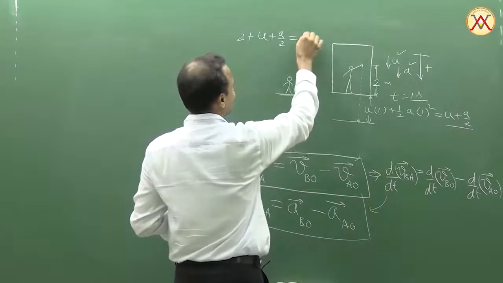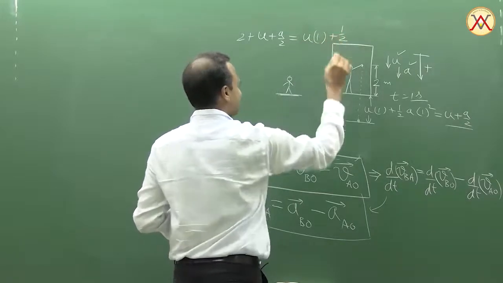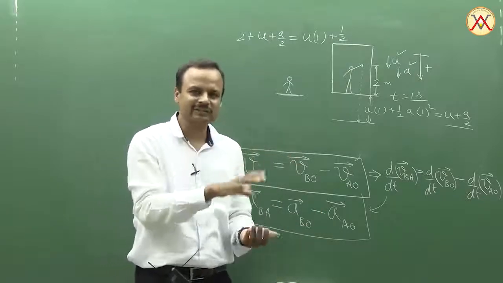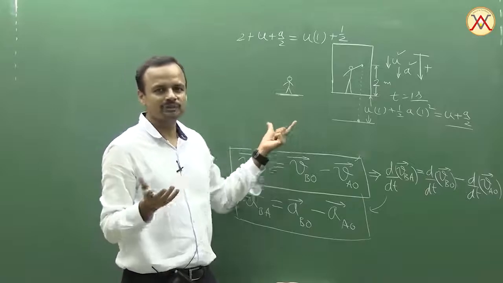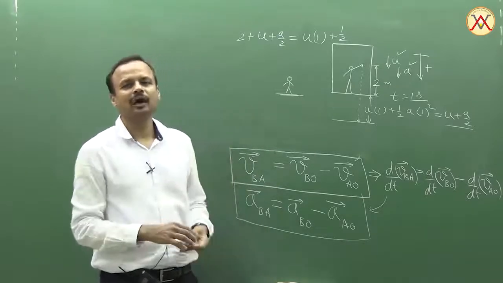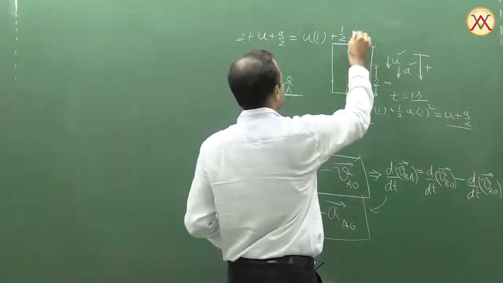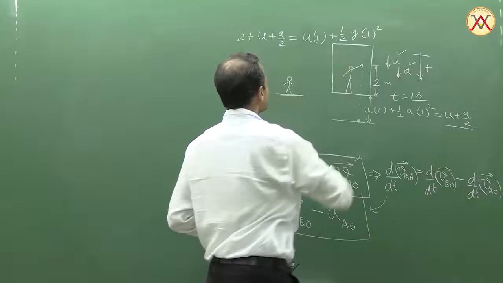So I am again applying ut plus half at square plus half. Now what is the acceleration of the coin? After the coin is released, the earth observer will just see it as a freely falling body. So the acceleration will be g. So half g into t square, that is 1 squared.